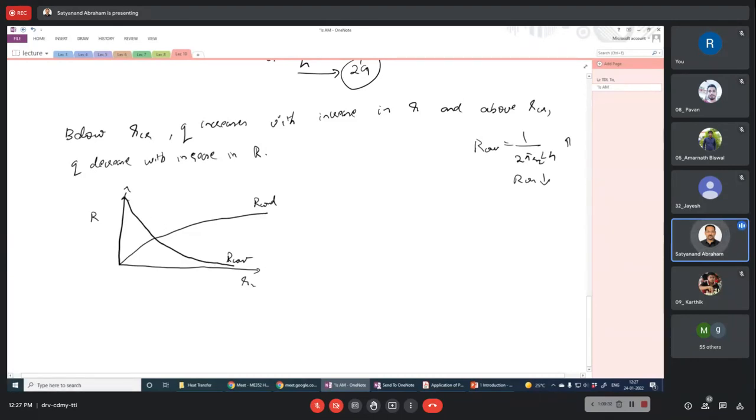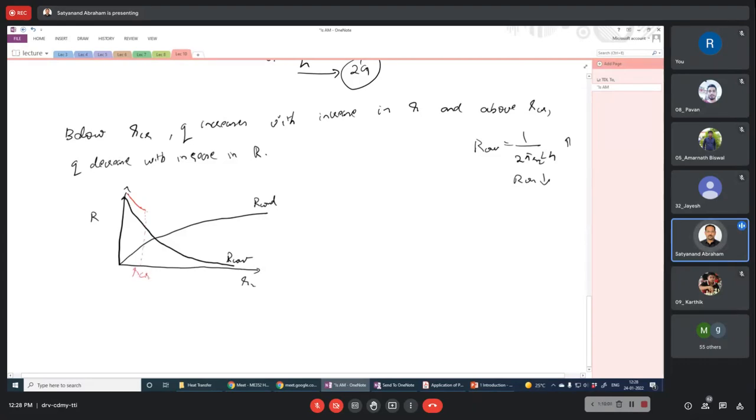So what happens is that initially this reduction in the convection resistance overweighs the increase in the conduction resistance. Therefore we can see that initially the total resistance is reducing, and it comes to a minimum point at R critical.